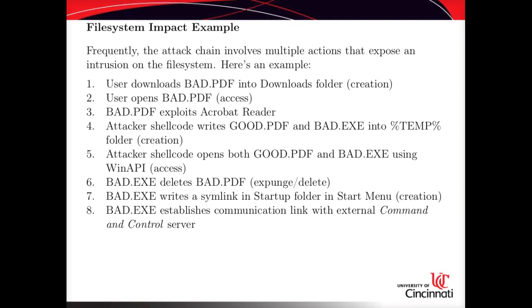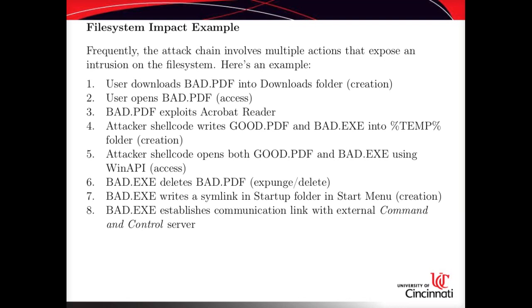So in this case, just from the file system impact, I carved out some parentheticals that highlight the subset of these steps that actually cause some sort of action on the Windows file system. And the Windows file system has specific actions that it will log.